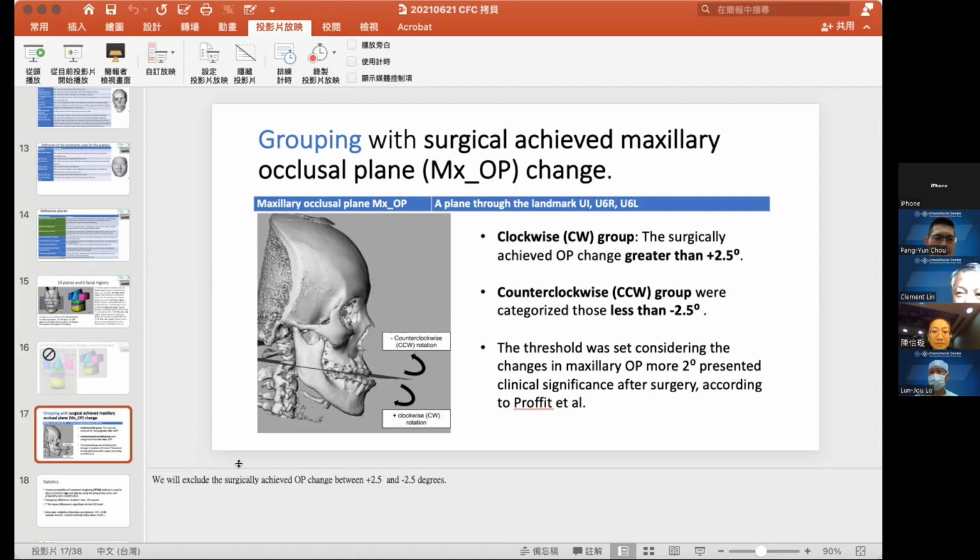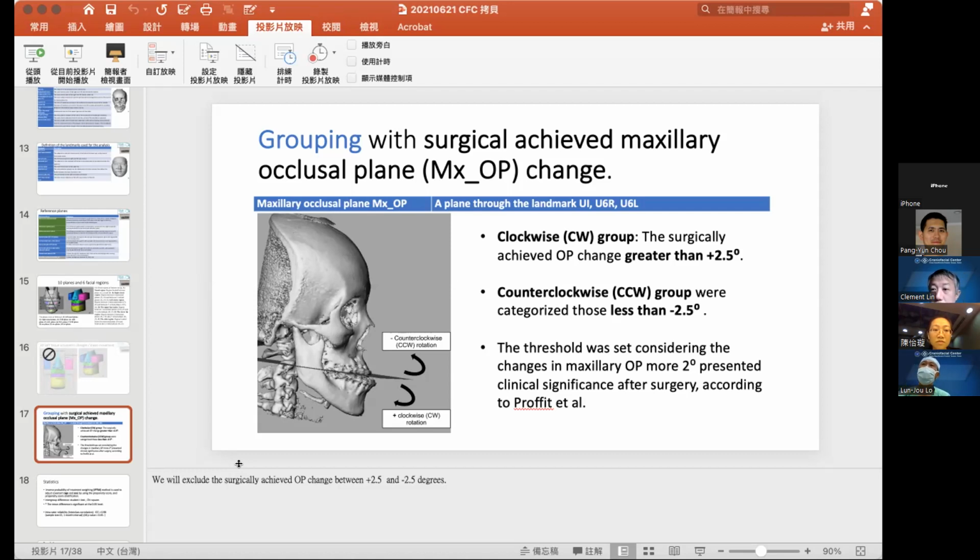Professor Lo, could you give us some comments? Thank you, Carol, for the presentation. I think your presentation further provides information about the soft tissue change. As a surgeon dealing with facial skeletal morphology, I think we all need this kind of information.